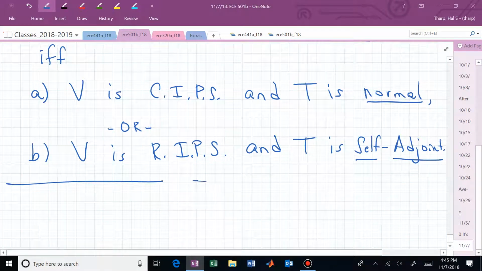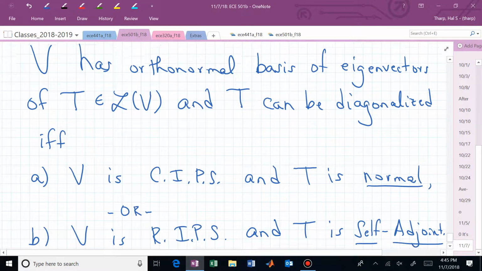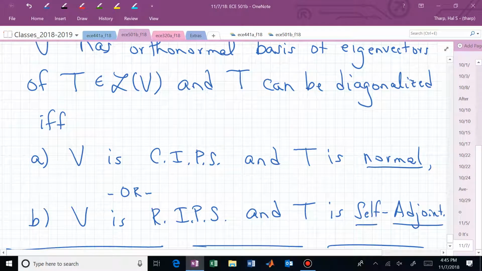So that's now how you can summarize these spectral results. If T is normal and we're on a complex inner product space, then we can diagonalize a matrix representation of T. If we're on a real inner product space, then we need T to be self-adjoint, which is stronger than it being normal.